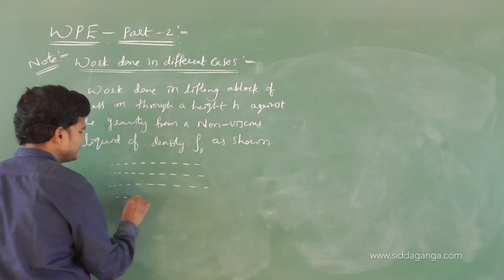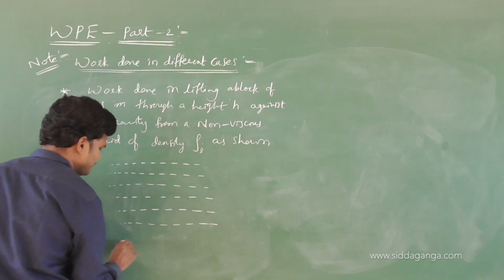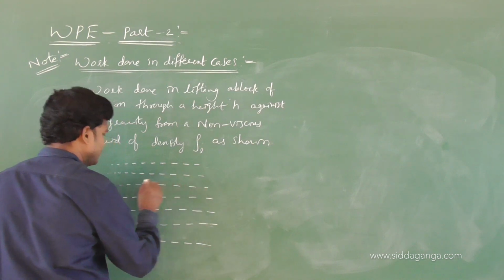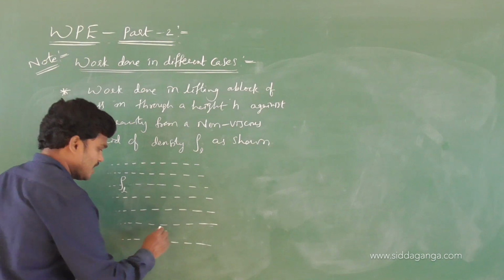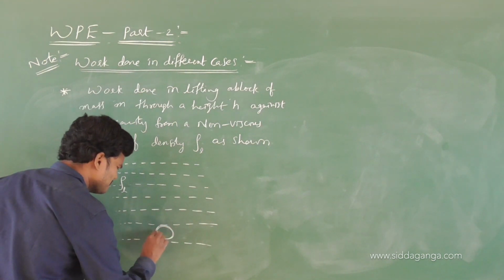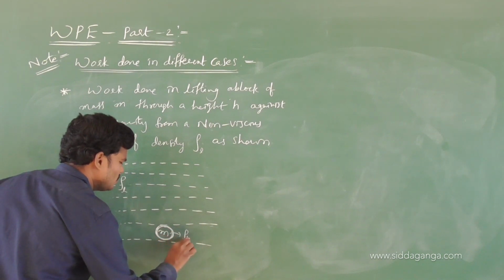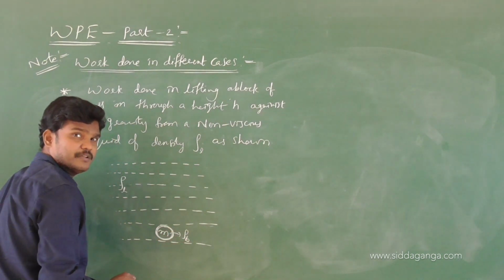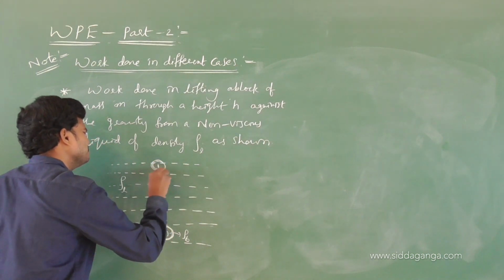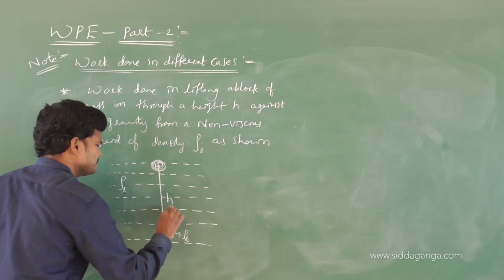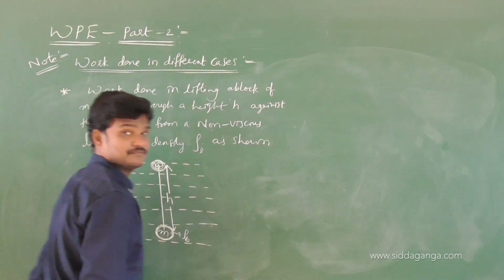This is the non-viscous liquid whose density is mentioned as rho L. I am using suffix L. And see, there is a block whose mass is m, whose density is rho suffix B, B for block, B for body, and this is going to be lifted to the top through some height h.